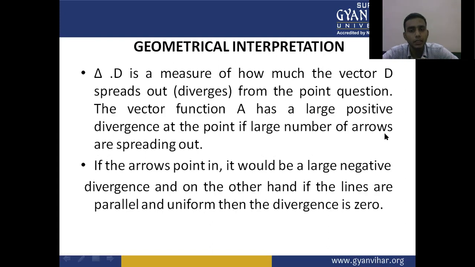The vector function A has a large positive divergence at a point if a large number of the arrows are spreading out. If the arrows point inward, it would be a large negative divergence. And on the other hand, if the lines are parallel and uniform, then the divergence is 0.